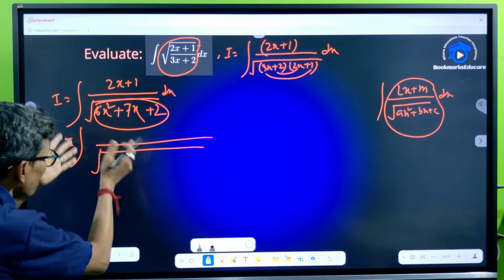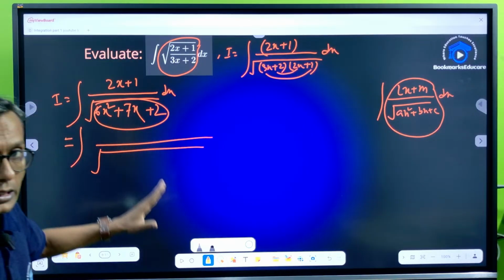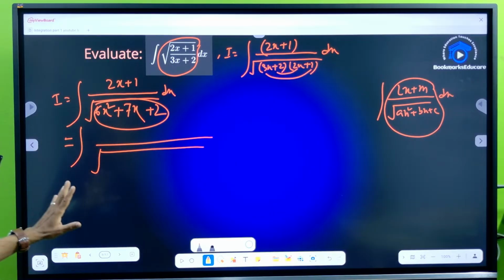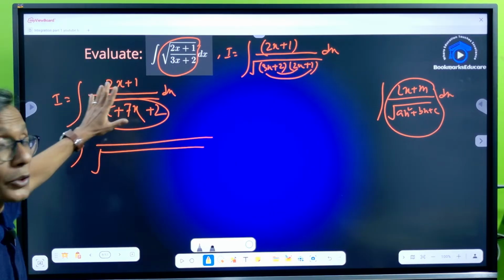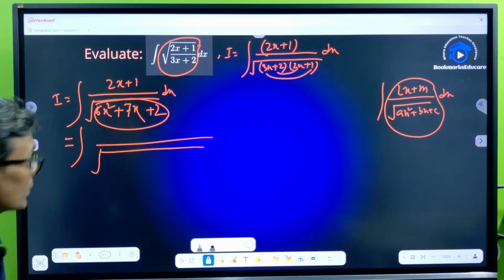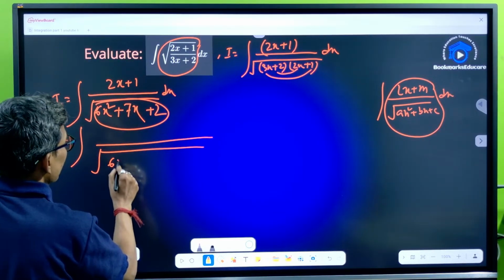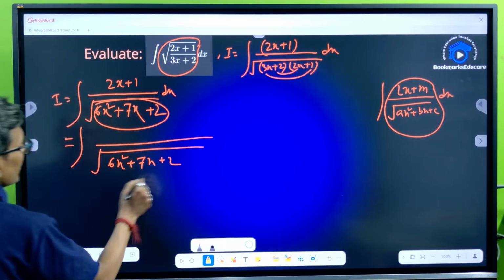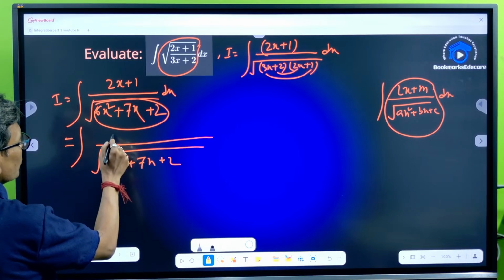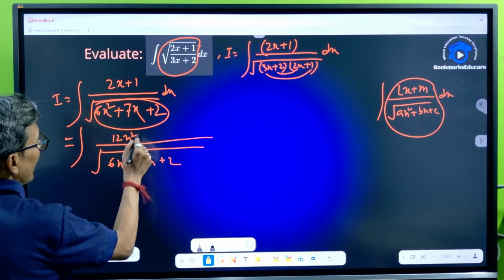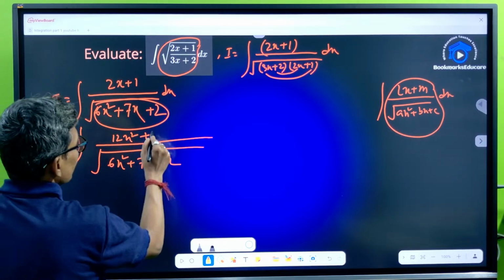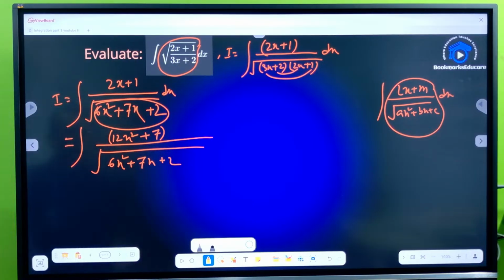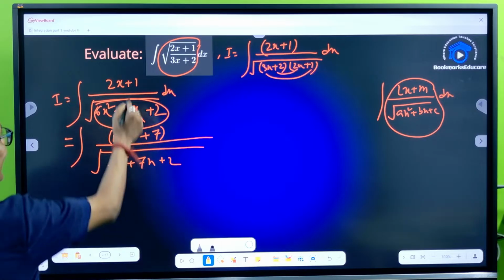So the differentiation of the denominator without the square root is put instead of the numerator. So 6x square plus 7x plus 2, differentiation of this is 12x plus 7. Okay, so now we have to get back this.